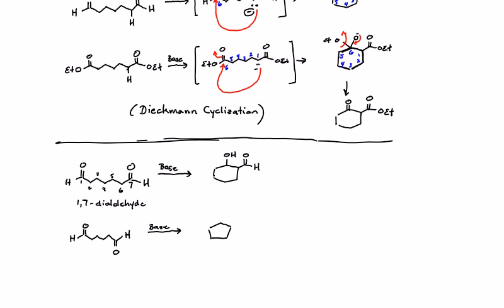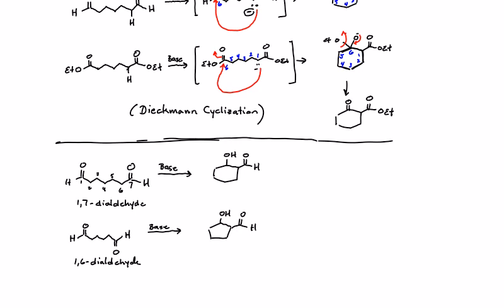Okay, just a 5-membered ring. Okay, so we can control the size of the ring by controlling the length of the chain.